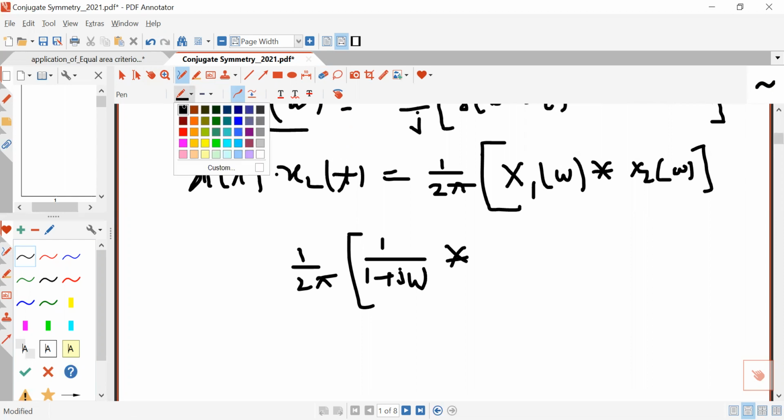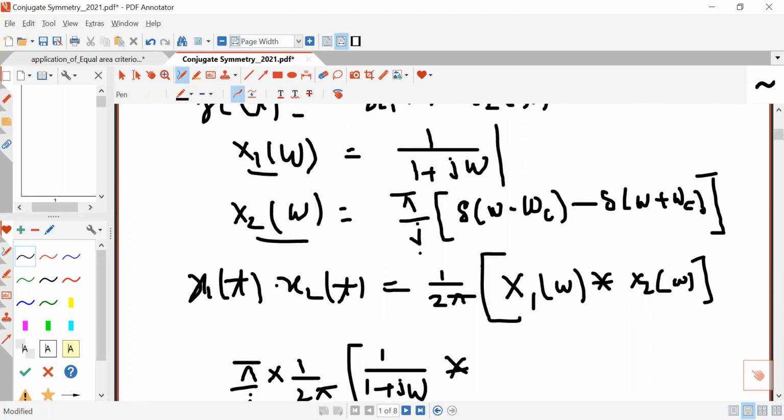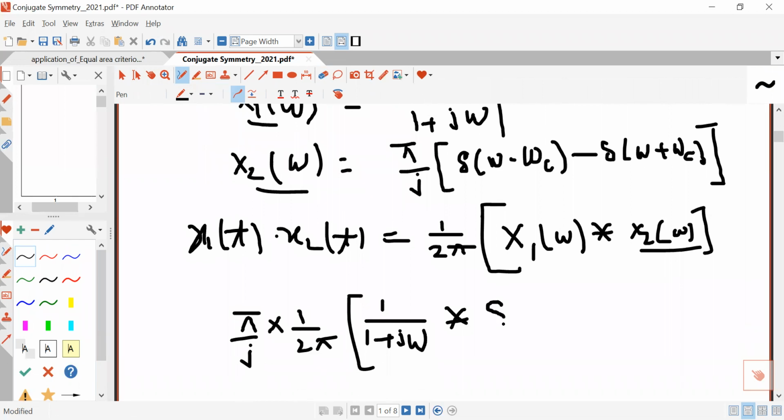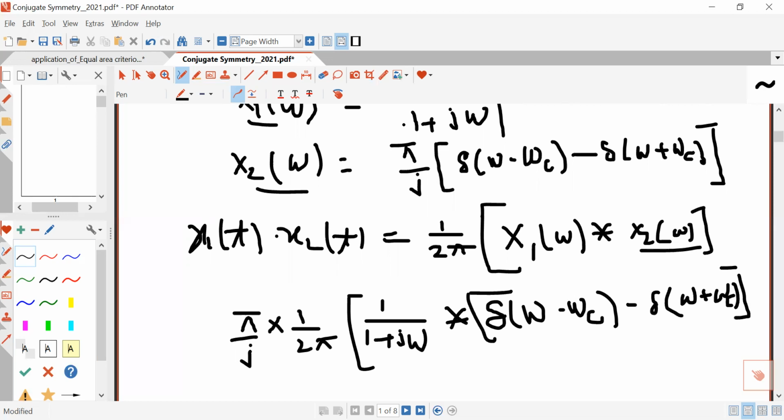You can keep pi by j outside this bracket: pi by j into this. So 1 by 1 plus j omega convolution X2(omega), which is delta(omega minus omega_c) minus delta(omega plus omega_c), and this pi by j will be here.